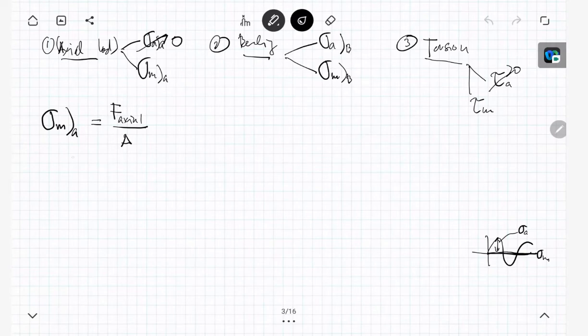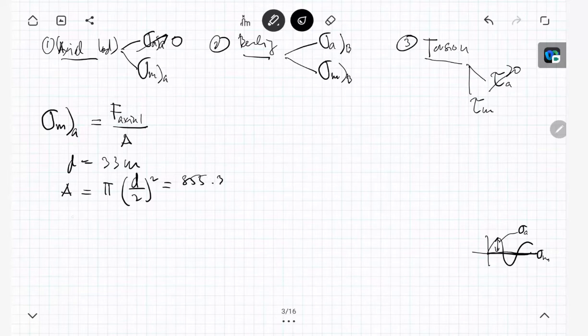Okay, this D equal to 33. So kita boleh kira A, we could calculate for A, pi D squared, so we get 855.3. Then sigma mean means steady load.